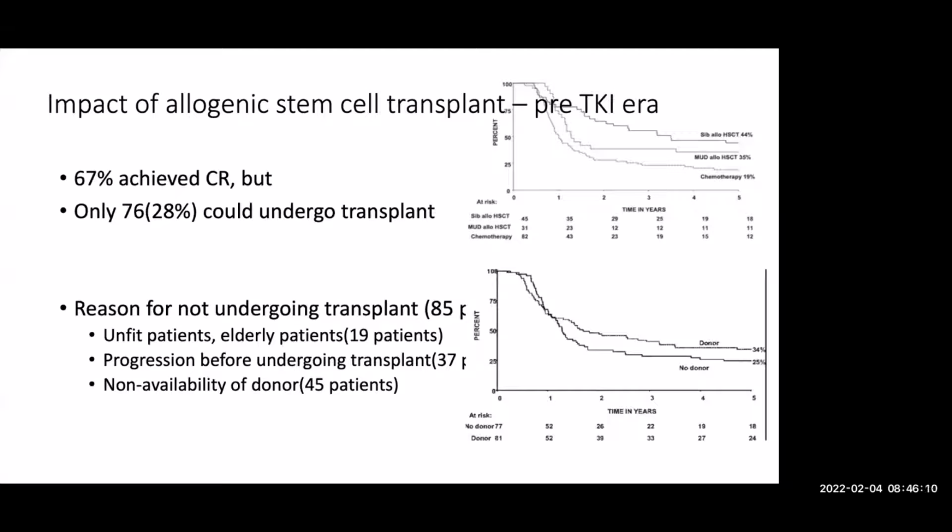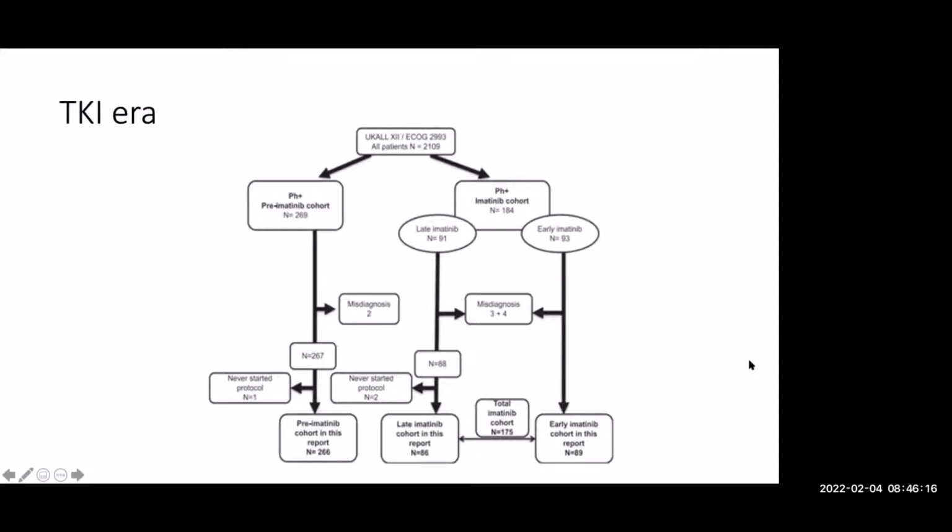But the actual picture is that not all are able to reach transplant. So things started to change with the knowledge that Ph positive ALL can be targeted with TKI, and the UK ALL MRC group itself continued this particular trial, which I had mentioned, by adding imatinib to the treatment.